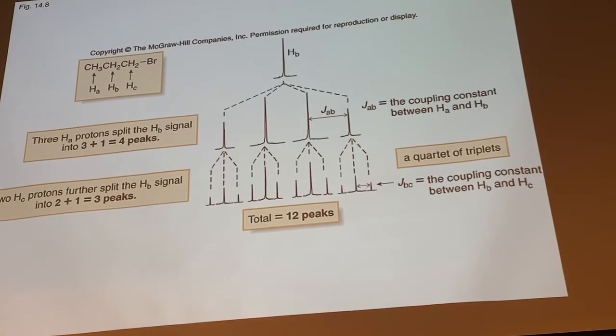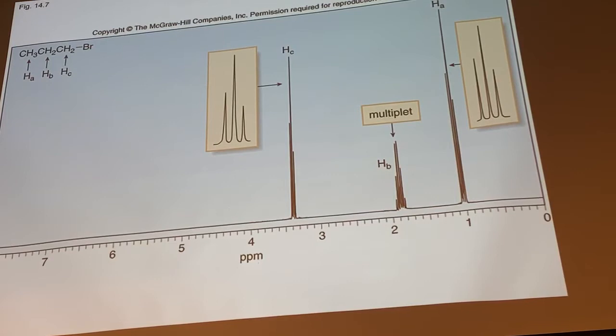But it wouldn't be precisely a sextet because these coupling constants would be slightly different from each other. So we would refer to it as a multiplet. That's why we use the word multiplet here in this case instead of sextet. Your textbook has glossed over this issue and calls it a sextet, which it is not. Okay?